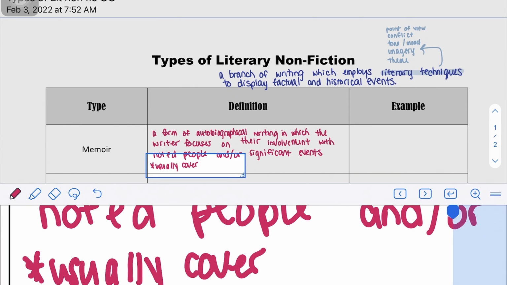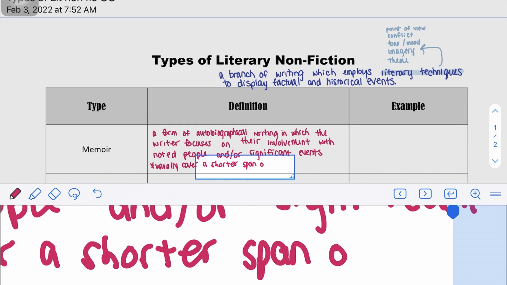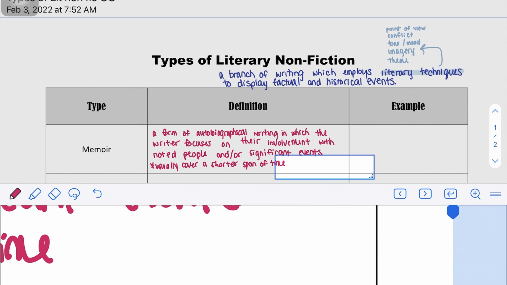Memoirs usually cover a relatively short span of time, and their main purpose is to draw the reader's attention to a specific theme or circumstance or social issue.